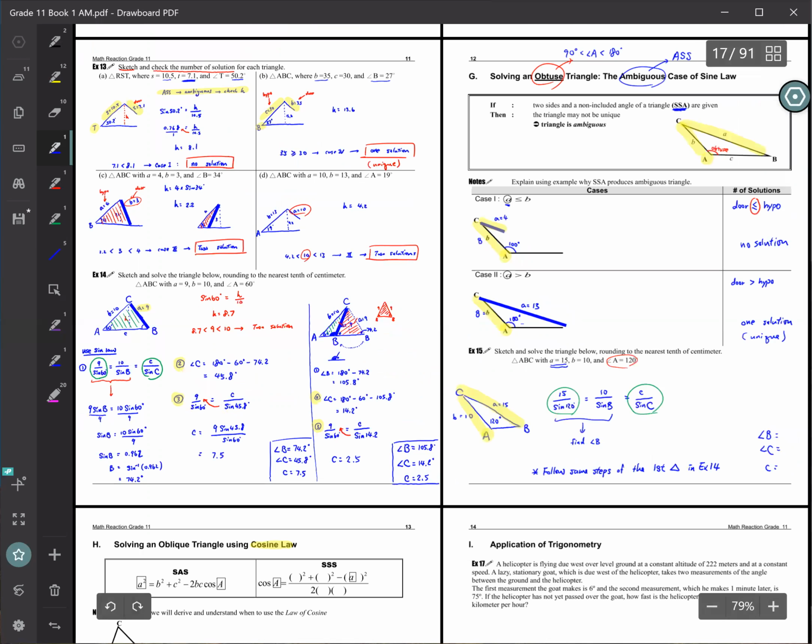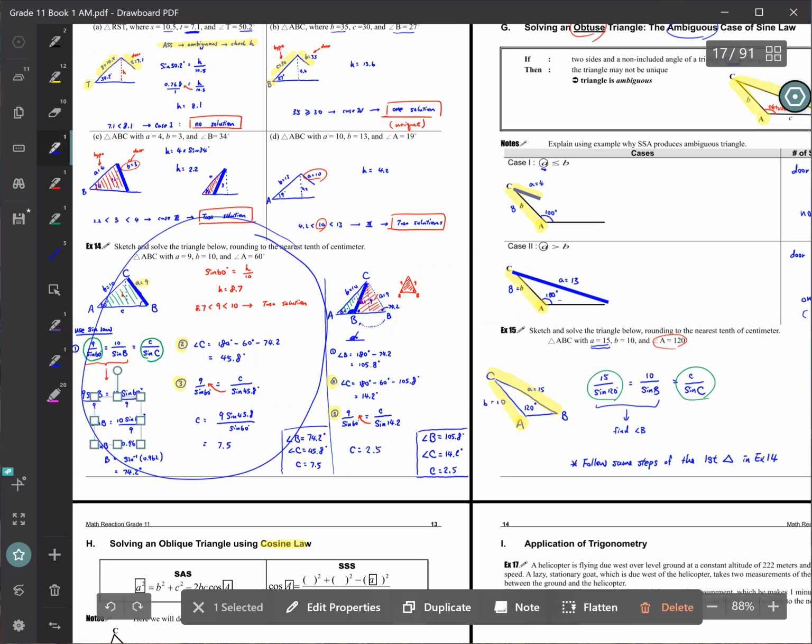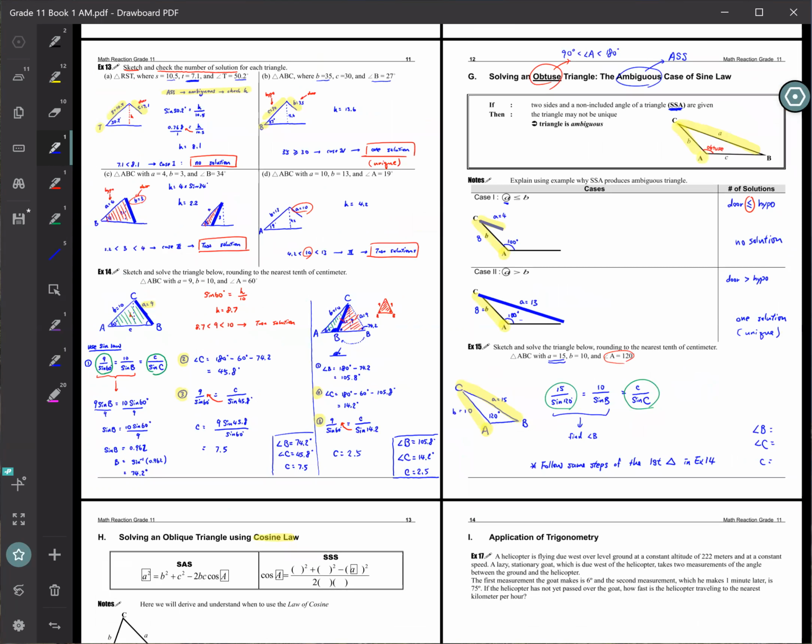So basically this part, the one on the left side. Any questions? Can you raise your hand if you understand? Raise your hand if you understand what I mean by follow the same steps on the previous one.